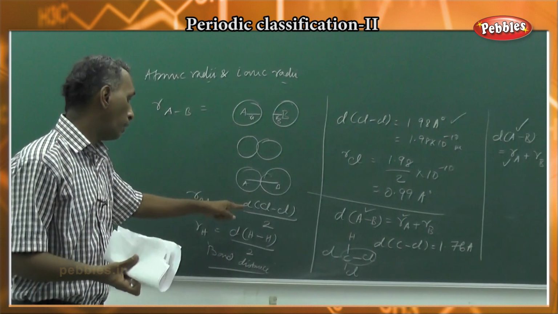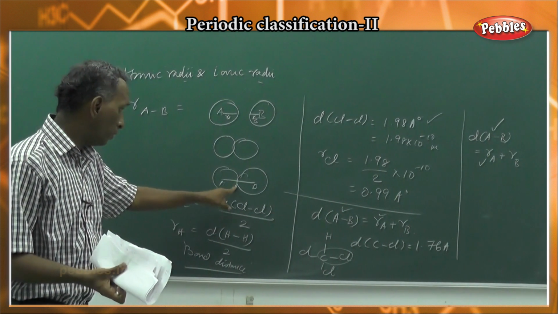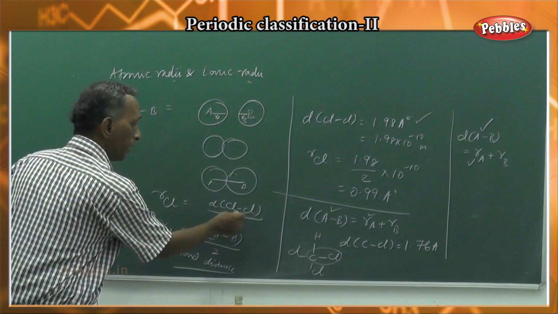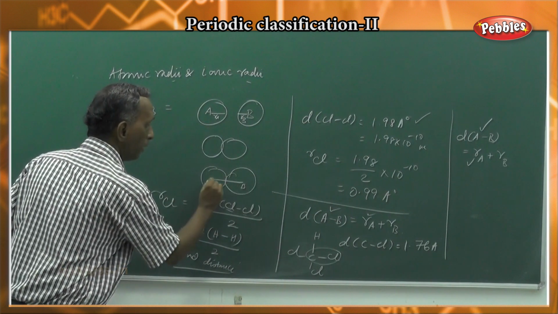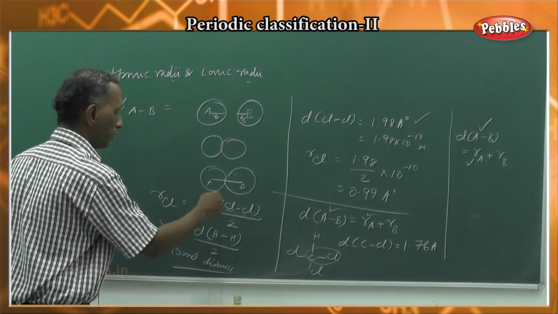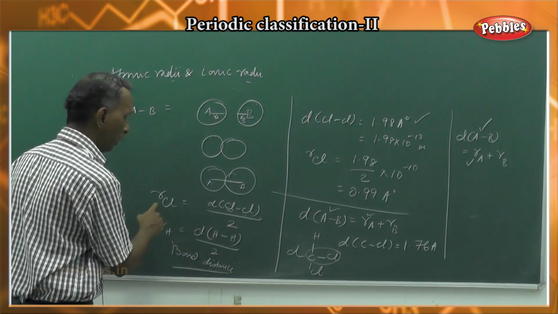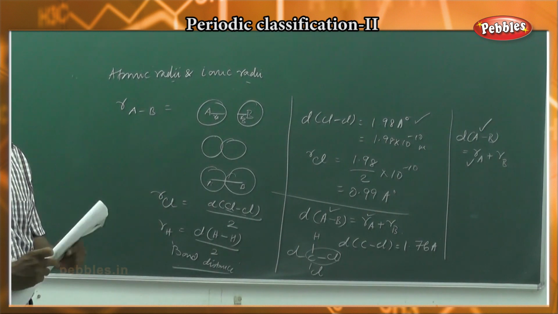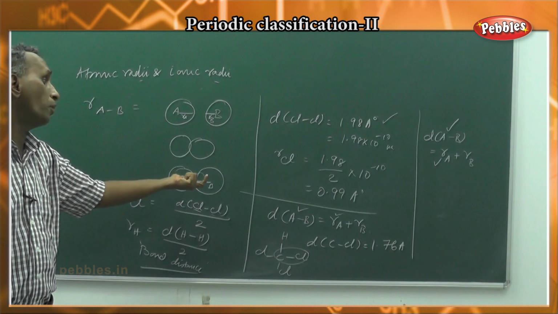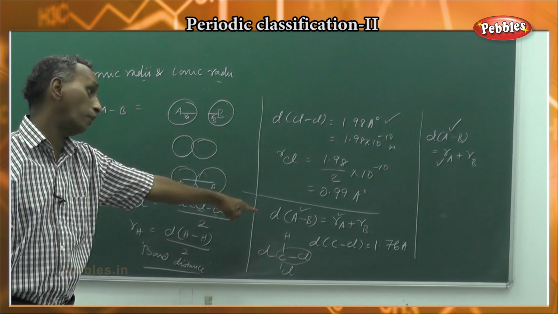For closest touching atoms of the same kind, the bond distance will be almost equal to the diameter of the system. That is why d by 2 equals the radius. So it is the bond distance that is being referred to. For similar atoms it resembles the diameter, but for different atoms you cannot have this.